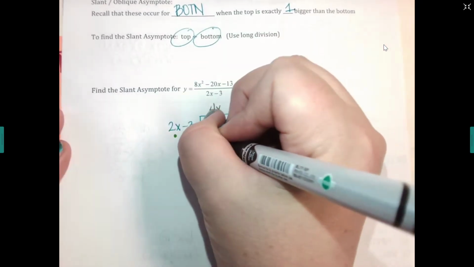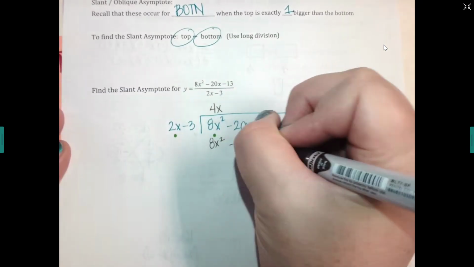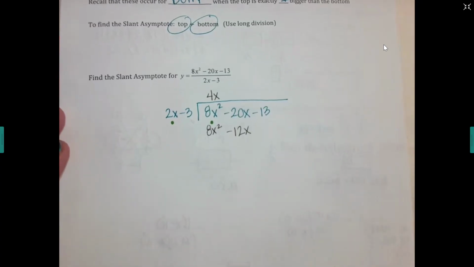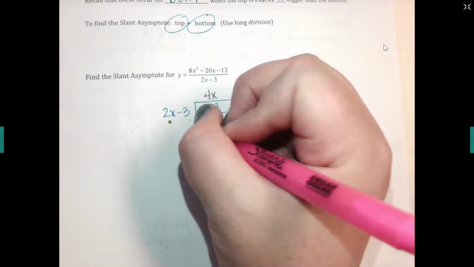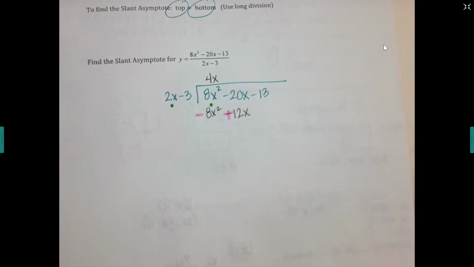So 4x times 2x is 8x squared. 4x times minus 3 is a minus 12x. But then remember that 12x won't be negative for long, because what's my next step to flip the signs? Very good. So my 8 is going to go minus, and this one will go plus.